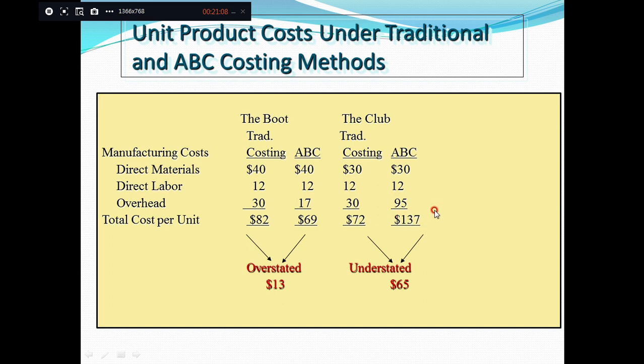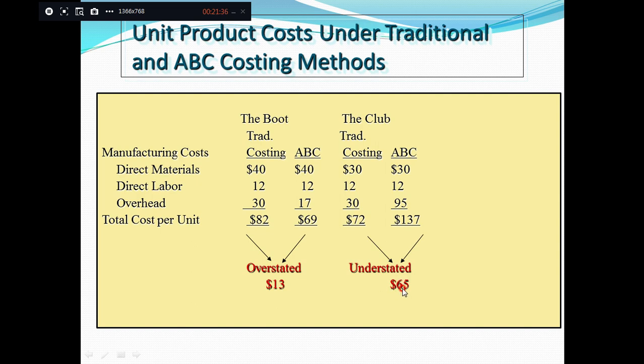When you are using ABC costing, the club total unit cost is $137. So you can see that the traditional costing method will understate the unit cost of the club by $65.